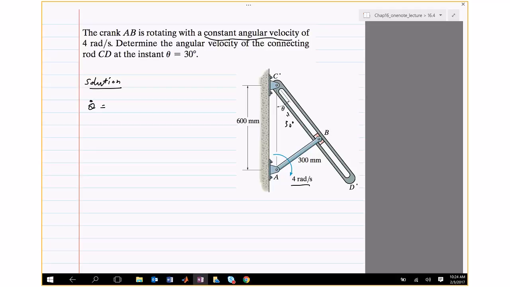So this is something which I need to find. That's an unknown. If that is an unknown, I need to find an expression for theta in terms of things which are given to me. Okay, so how do I proceed?